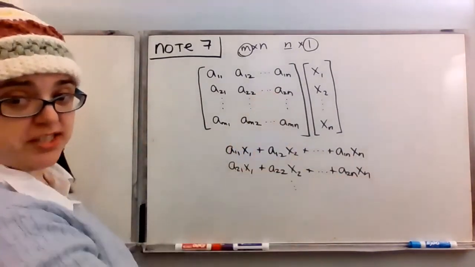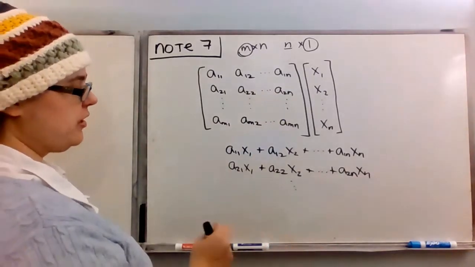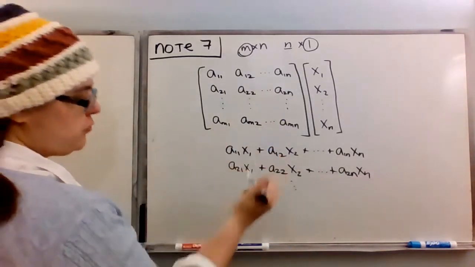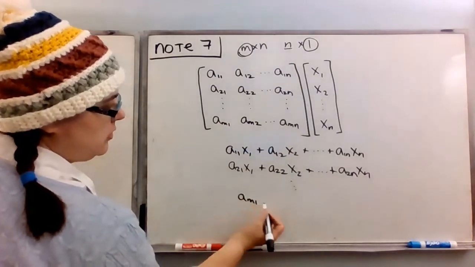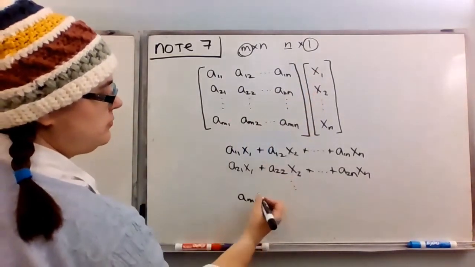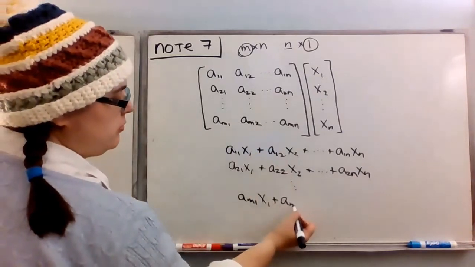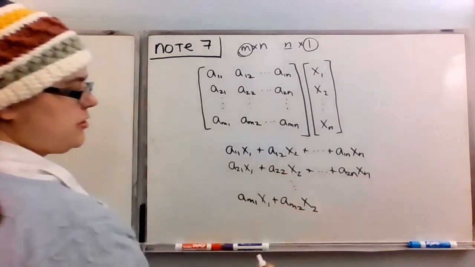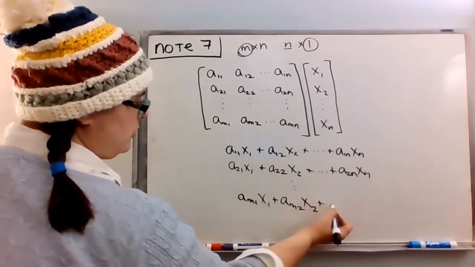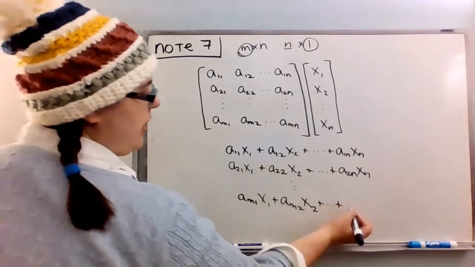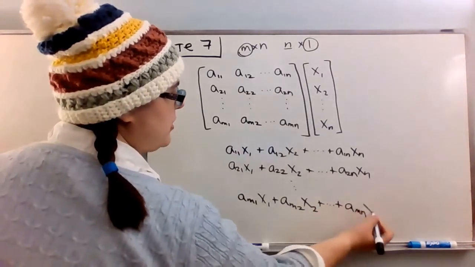And we're just going to continue finding these gorgeous sums here. So we have Am1 times x1 plus Am2 times x2, all the way down to Amn times xn.